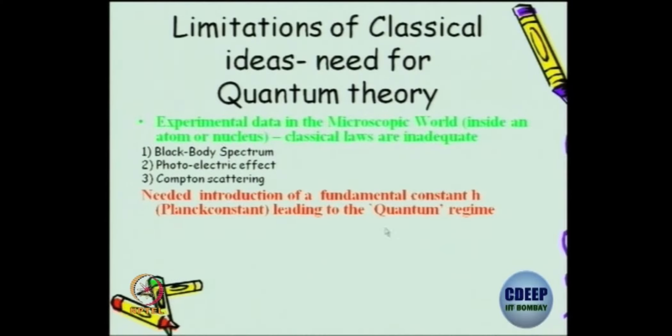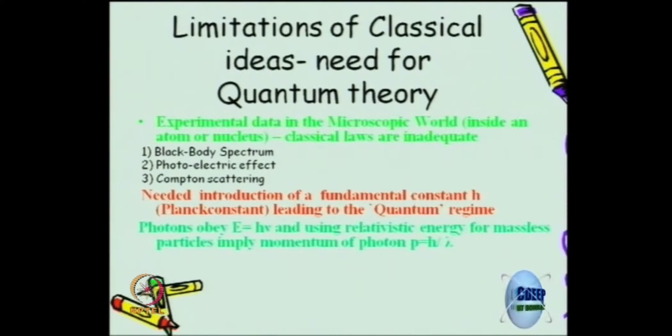So, it needed the introduction of a fundamental constant, leading to the quantum regime. h tending to 0 is the limit where you start getting classical physics. h not equal to 0 is what we call the quantum regime. This is also familiar to you, Planck's equation, E equals h nu, and you can use Einstein's relativistic energy for a massless particle. What is that?